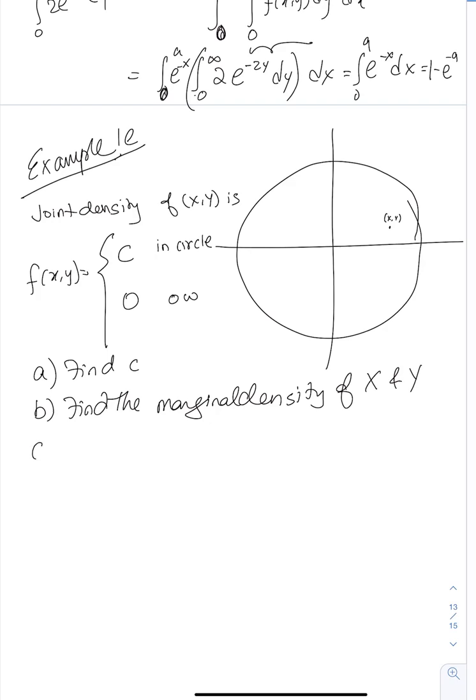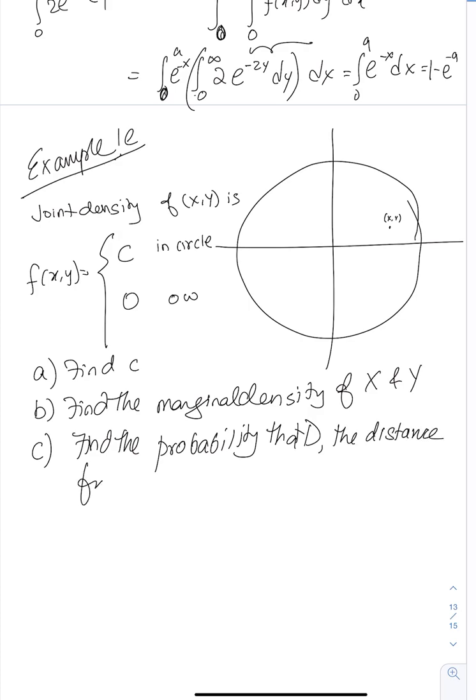Part 3, find the probability that the random variable D, the distance from the origin of the point, is less than or equal to a.